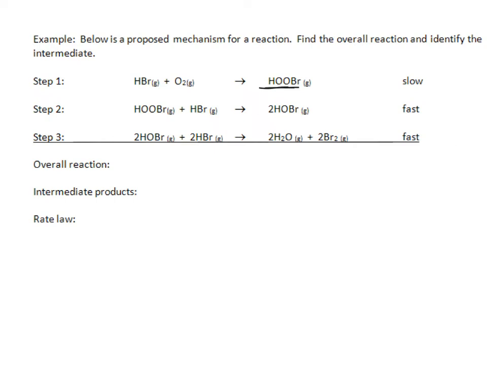Well, if I look at step 2, I turn around and now use HOOBr. So that tells us that HOOBr is an intermediate. Then in step 2, I now make HOBr, and I turn around and use HOBr. So not only is HOOBr, I also know that HOBr is an intermediate.